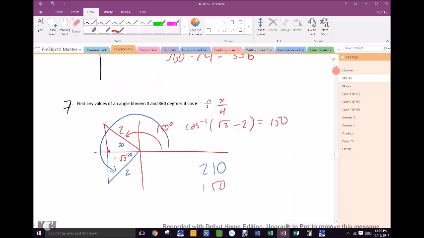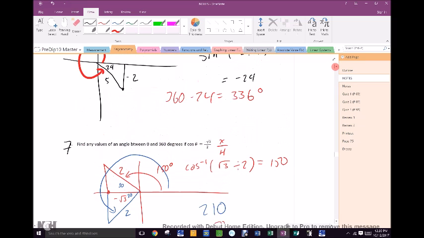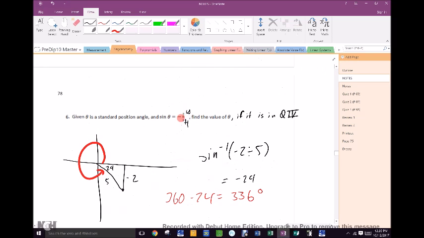The only values it can give you for sine that are negative are in these 2 spots, yes? Your calculator only wants to work in 180. Doesn't want to work outside 180. So that's why it gives you reference angles. Sometimes it's going to give you the reference angle. Sometimes it's going to give you the regular angle.